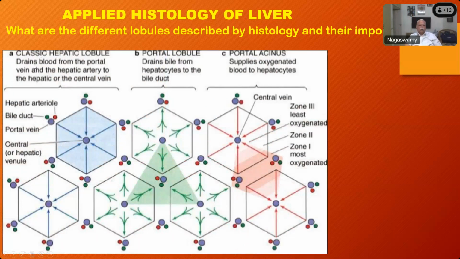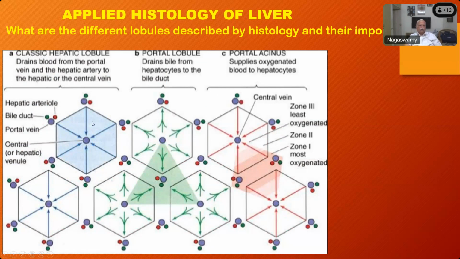Okay, so the classic hepatic lobule is what you are all taught in your primary classes itself. A hexagonal arrangement with 6 sides, and at each corner you have what is called the portal triad, comprising portal vein, hepatic artery branch, and bile duct. Okay.